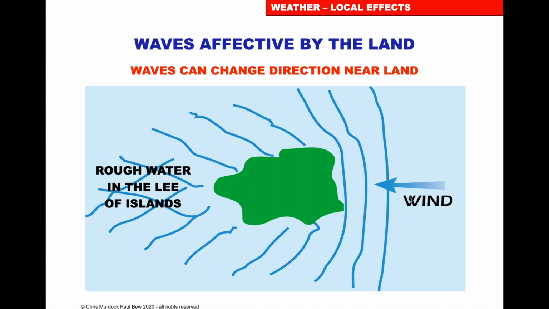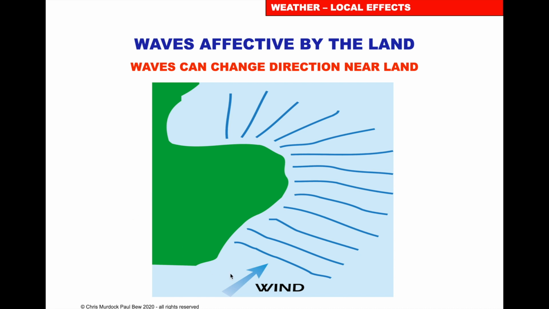If the waves come in a straight line, they will bend round an island, and in the lee of the island they'll bounce into each other and produce standing up waves, similar to the waves bouncing back off the cliff or the breakwater.